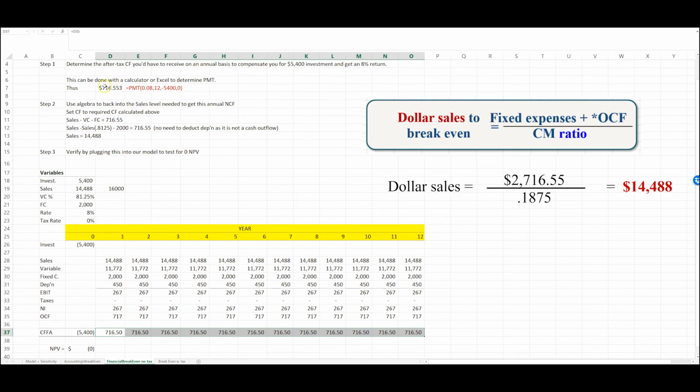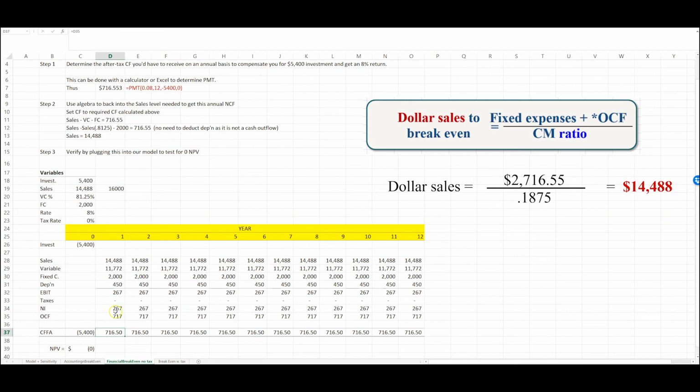We can do this in Excel, or with our calculator. Either way, we're calculating the required payment that will, at an 8% discount rate over 12 years, have a present value of minus 5.4 million. And that gives me 716,000. So that's what I plug in here, 716,000. And then I just work my way back up.